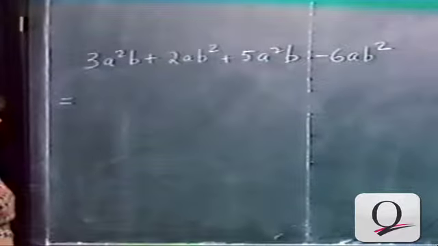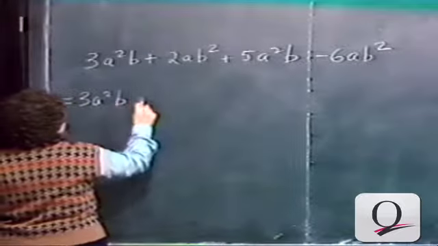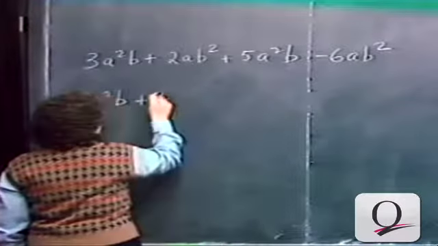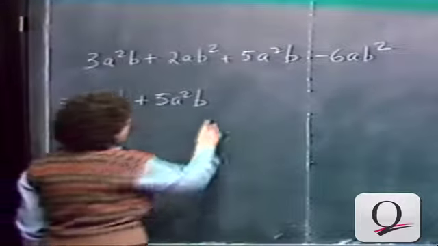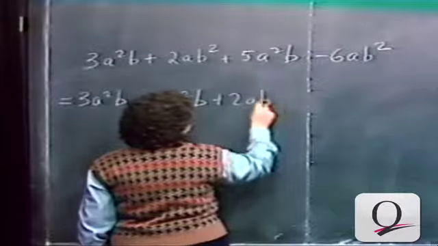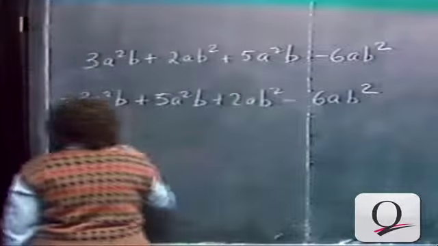All right, let's see if we have any like terms. We have a 3a squared b, and we have a 5a squared b. So let me write the like terms next to each other. And a 2ab squared, take away a 6ab squared.